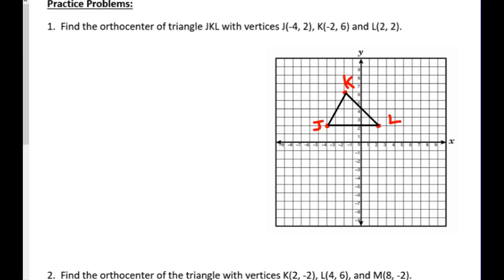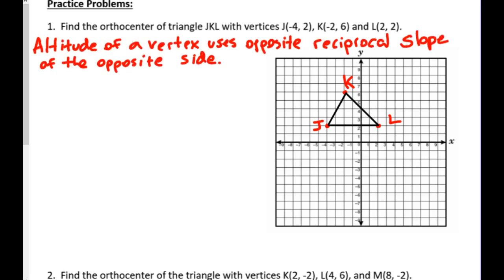Now, how do I make altitudes? Let me tell you. I want you to write this down for me, please. Altitude of a vertex uses the opposite reciprocal slope of the opposite side. So you need to know that, so write it down.